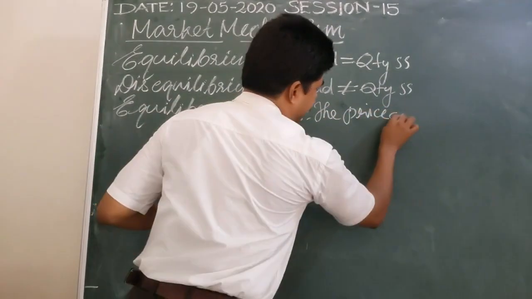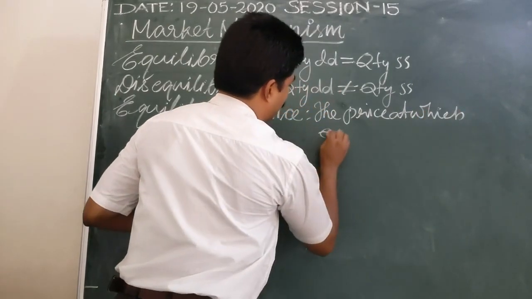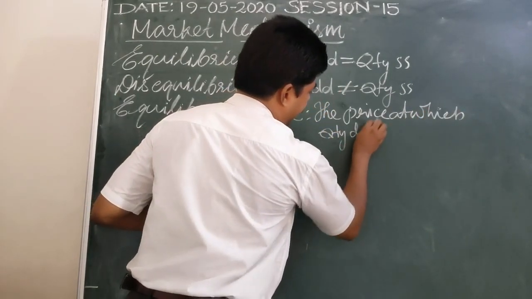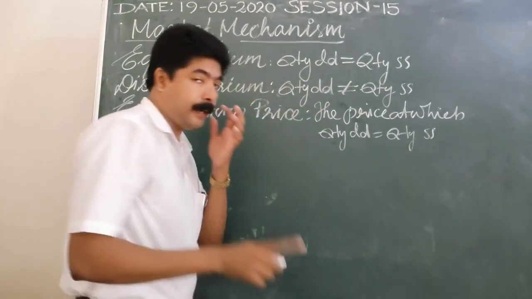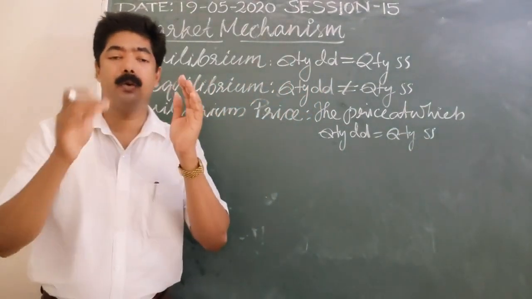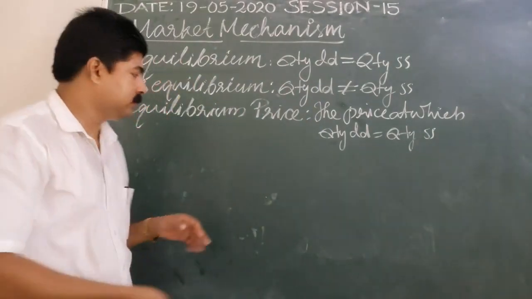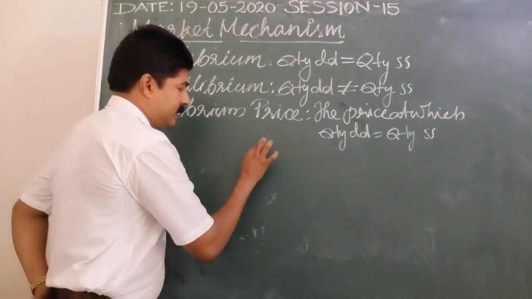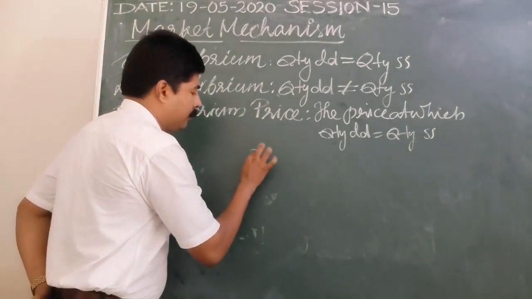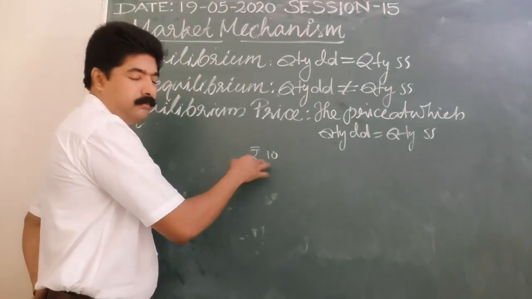The price at which quantity demanded is equal to quantity supplied. At a particular price, what is the particular price? Suppose the particular price that exists in the market for a commodity is rupees 10. The price at which price?